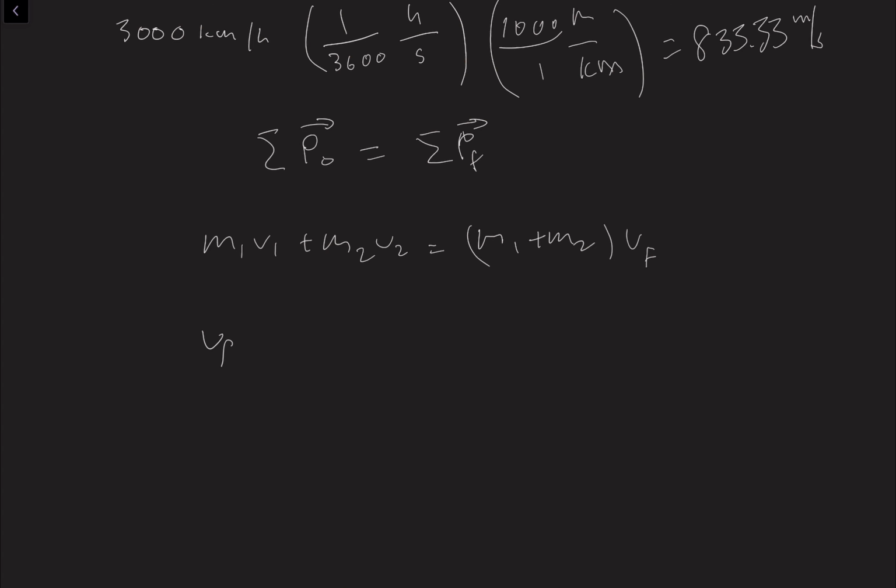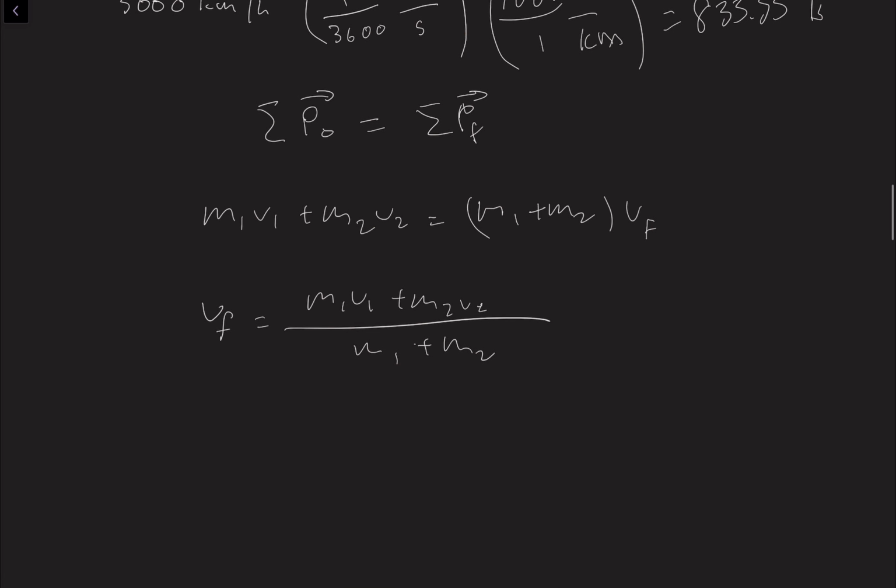So we can solve for the final velocity: vf equals m1 v1 plus m2 v2, divided by m1 plus m2.